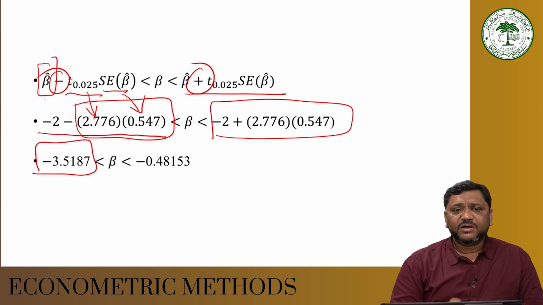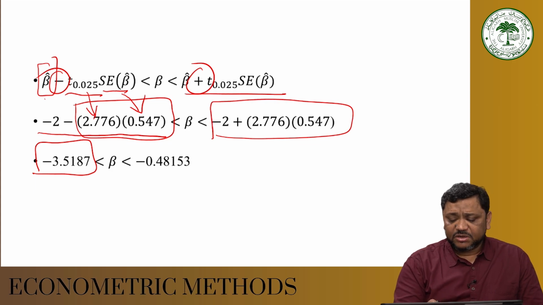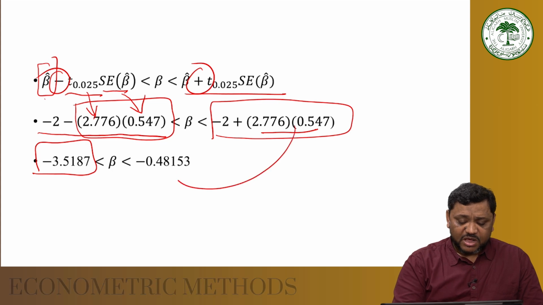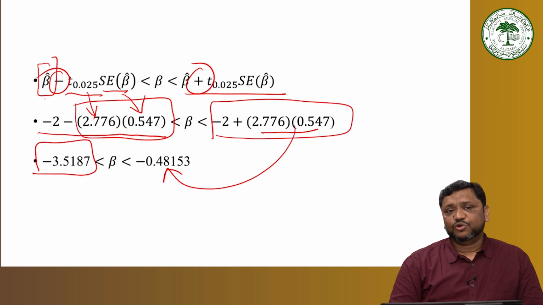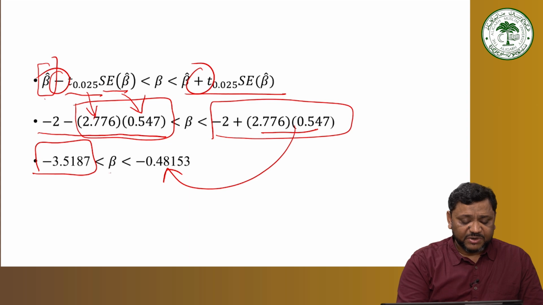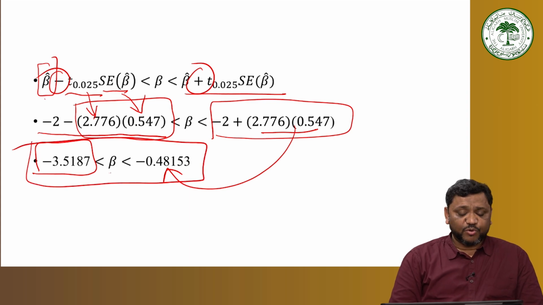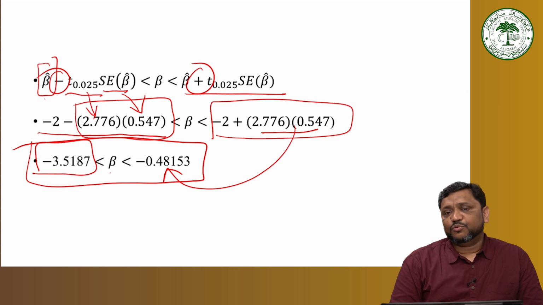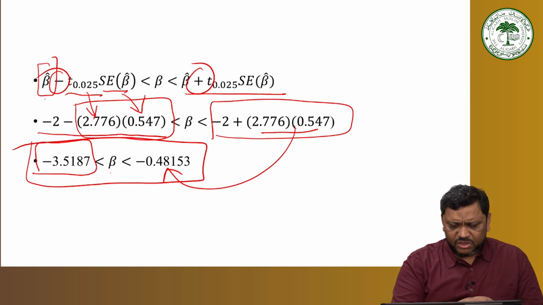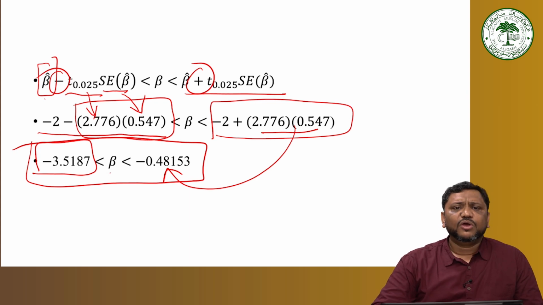For the upper limit, we have -2 plus 2.776 multiplied by 0.547, and we get -0.48153. So our confidence interval, that is beta, lies between -3.5 and -0.48. This is the concept of confidence interval.